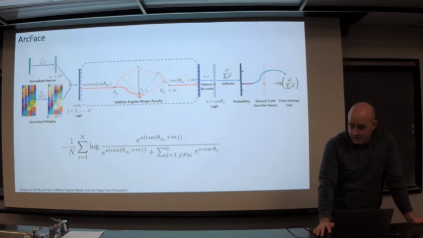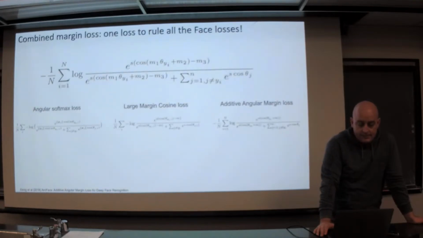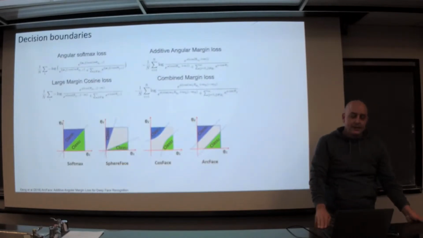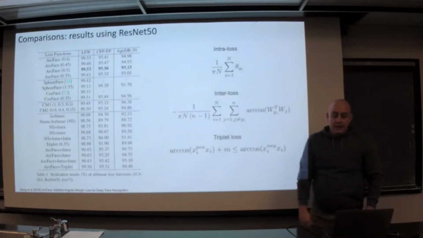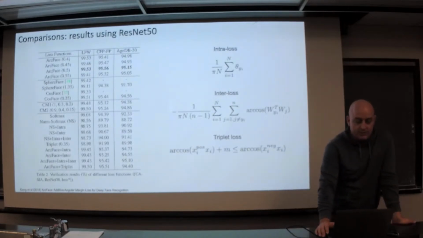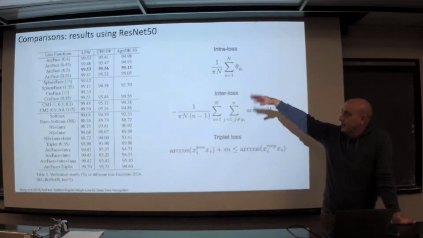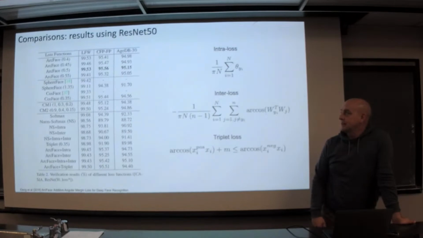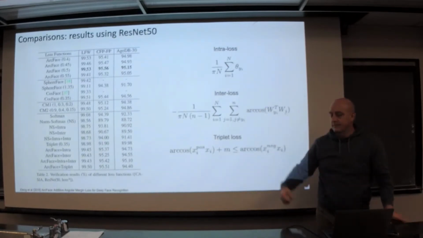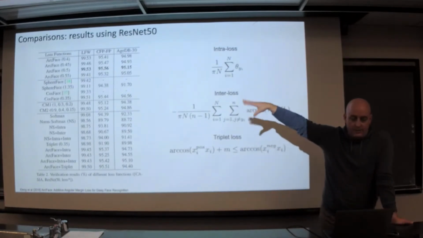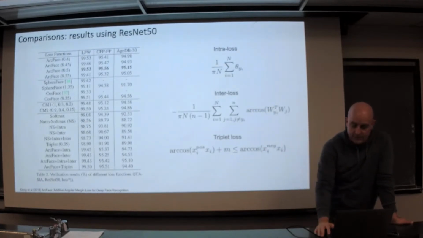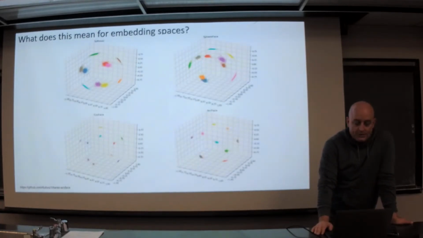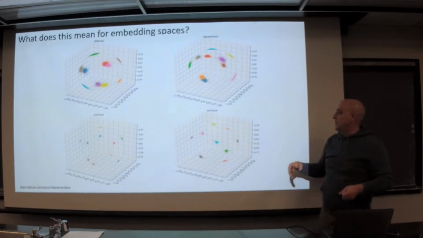I won't spend much more time on this. And then you can combine all of these together and have all the face losses. You get much better results on face tasks with these other losses. That's just a table showing that. Okay, what does that mean when you build in margins into the embedding space?